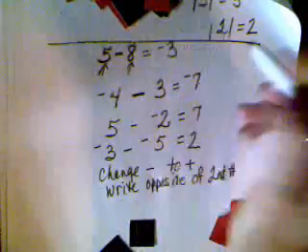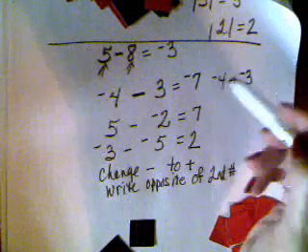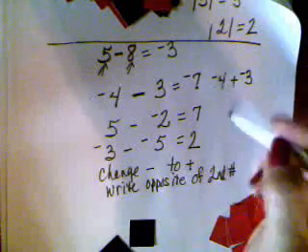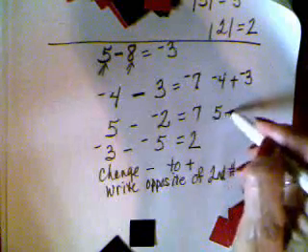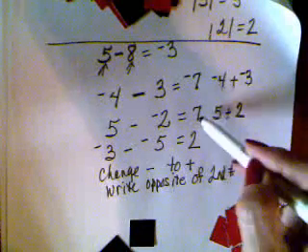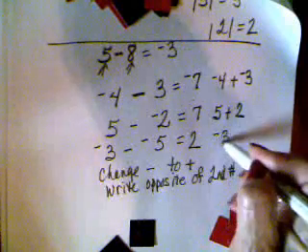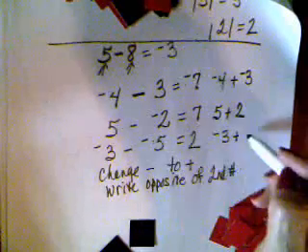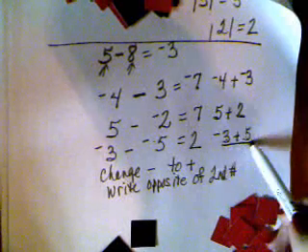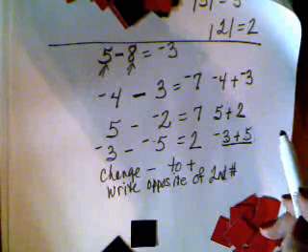So the rule would be -4 add a -3. Where the signs are the same, you add and use a common sign. This would be 5 plus a +2. The signs are the same, you add and use the common sign. This would be -3 plus a +5, and if the signs are different, you subtract, use the sign of the 5 because it has a greater absolute value.